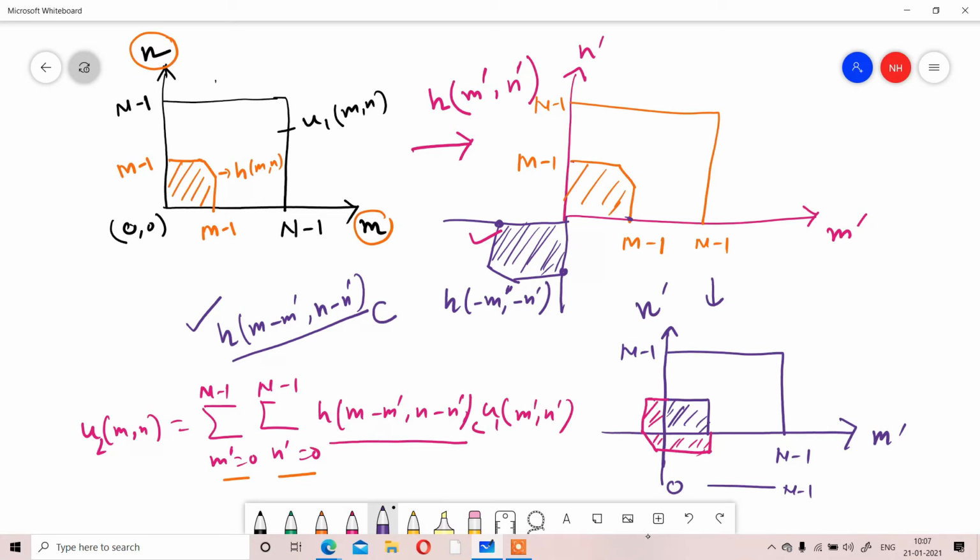Outside that range, the value of h will be 0. So whatever part you have outside of the 0 to N minus 1, outside of u1(m', n'), you have to make it inside.